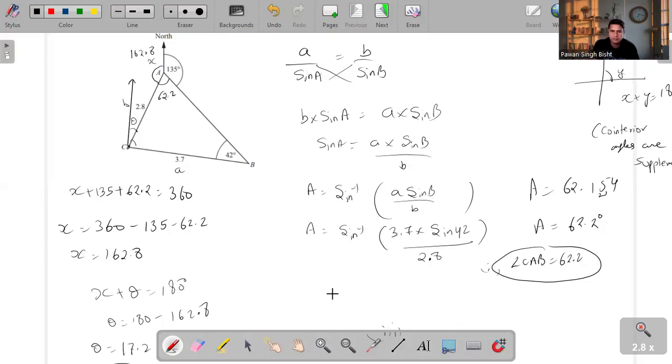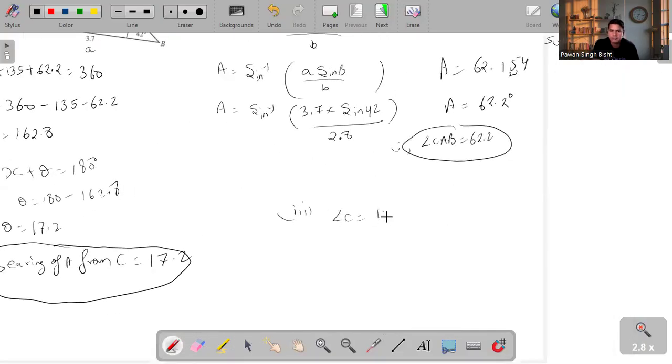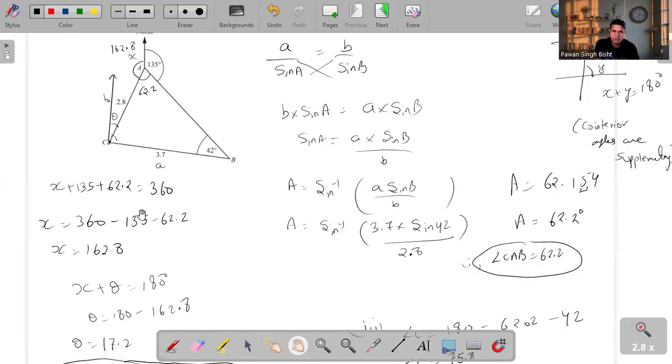So angle C will be 180 minus 62.2 minus 42. So you are getting 75.8. Angle C is coming 75.8.